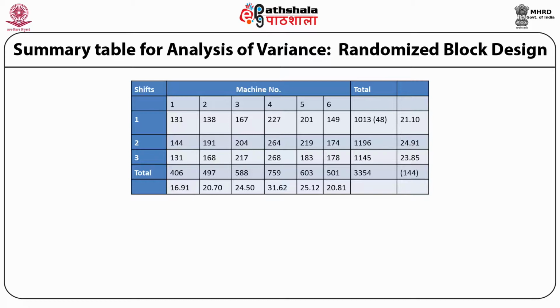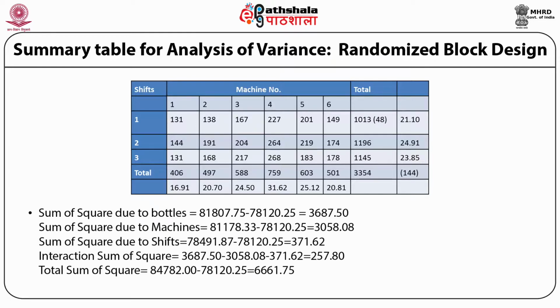Machine 1 fills 406 grams of soap in all the 3 shifts, and like that you can see the total volume of soap filled in the 3 shifts. When we work out the sum of squares of bottles, it comes out to be 3687.50, and like that you can find out the sum of squares for machines and the sum of squares due to shifts.